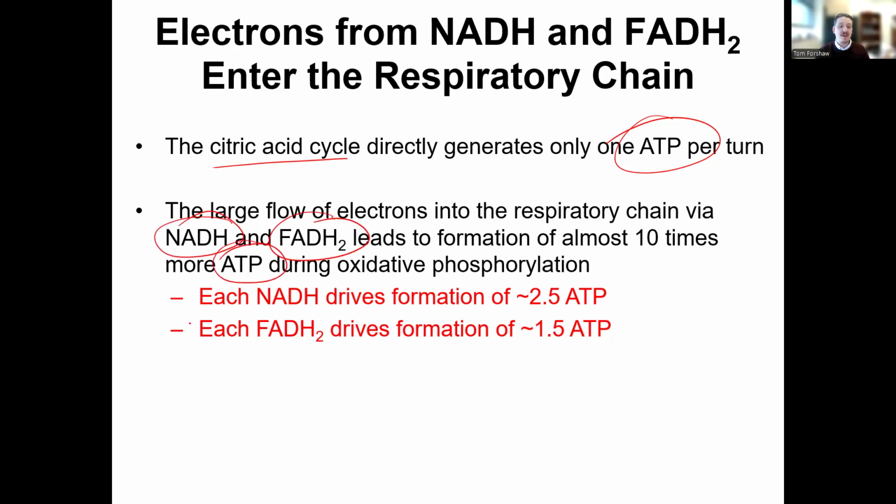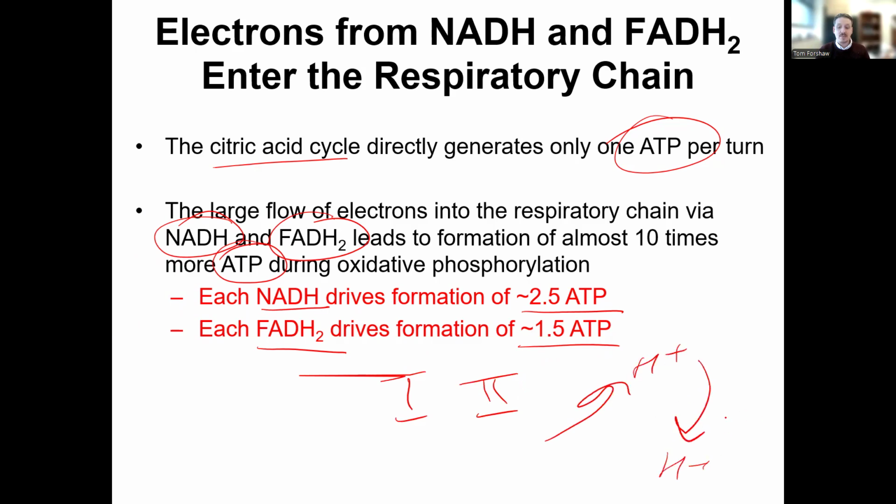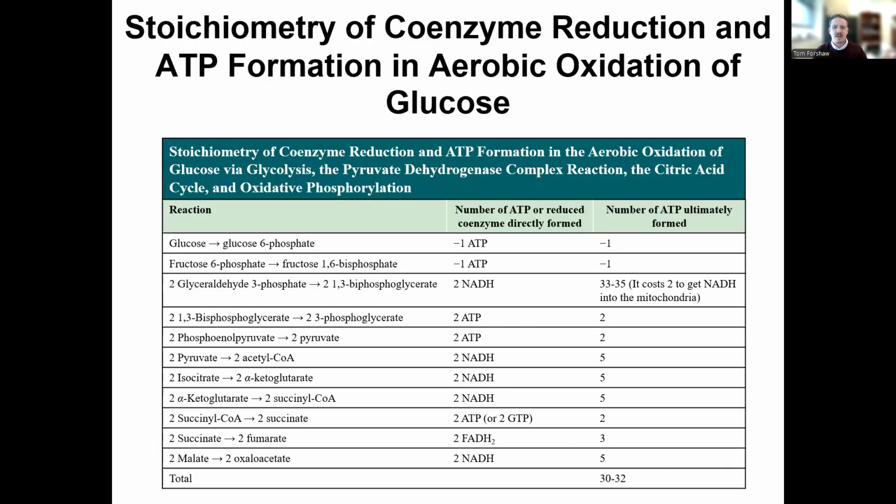And that generates a lot of ATP because each NADH generates about 2.5 ATP, and each FADH2 generates about 1.5 ATP via donating electrons to the complexes pumping protons, and then those protons coming back down and generating ATP via the enzyme ATP synthase in oxidative phosphorylation. Which is what we're going to go on to later, but by putting those electrons into NADH, you can use them for a different reaction, which is going to generate a ton of ATP. That's the point of it.